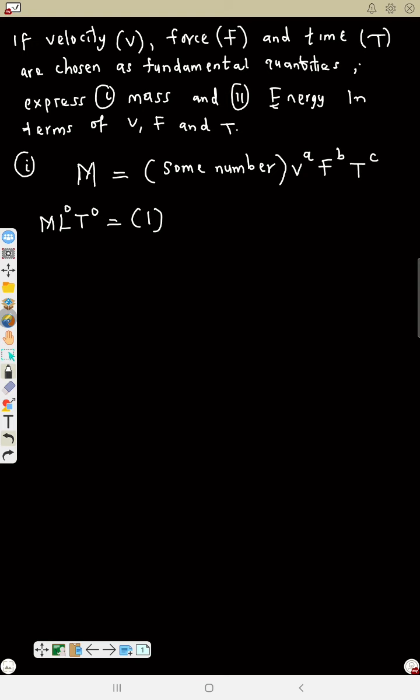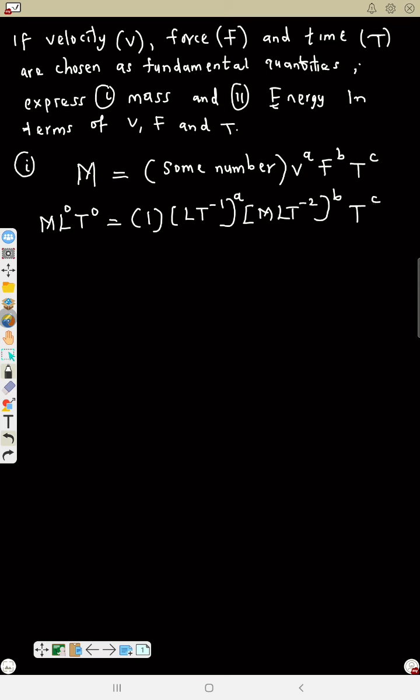It will be dimensionless. So V is velocity, that will be L T raised to power minus 1, then raised to power a. F is a force, and we know the dimension of force is M L T raised to power minus 2, then raised to power b. T is time, then is raised to power c.